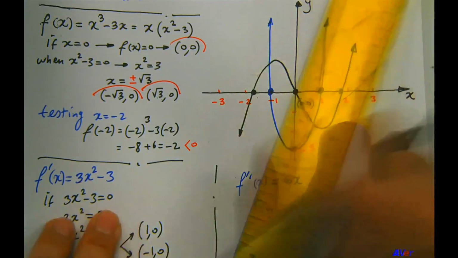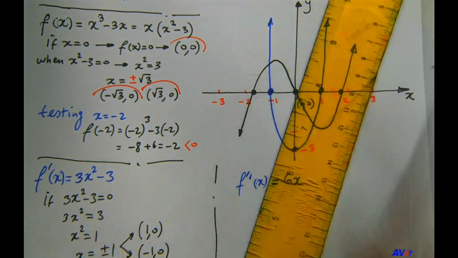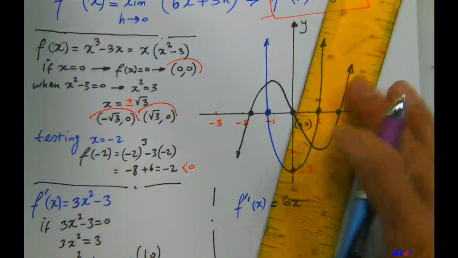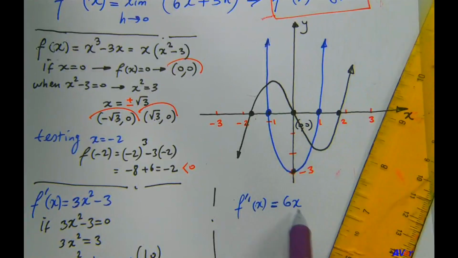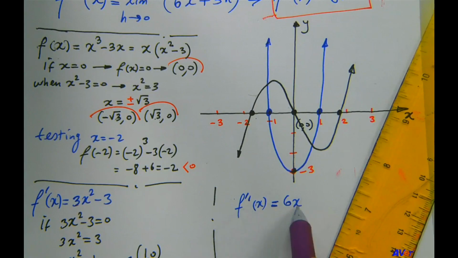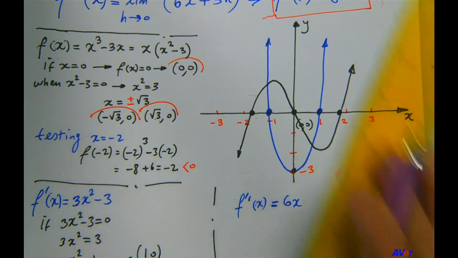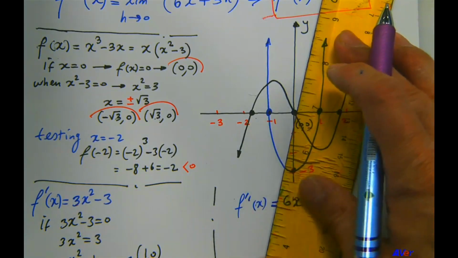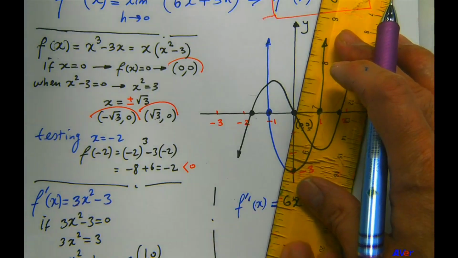So we can roughly sketch it something like this. Let me use a different color. If x is 1, the y value is 6. If x is 2, the y value is 12, right? So this is going to be a steep straight line right through the origin, like that.